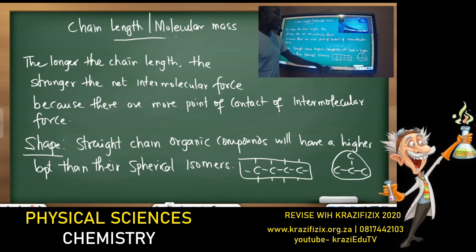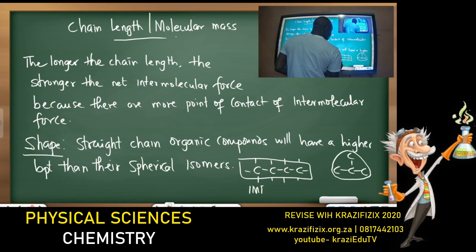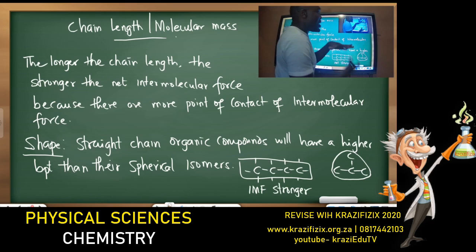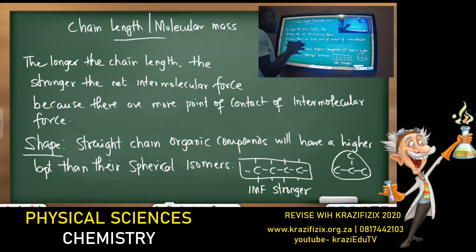Now, the straight chain hydrocarbon would definitely have a higher boiling point, because the intermolecular forces here are stronger than this one. The more spherical we get, the weaker the intermolecular force between the organic compounds. So take note, the more spherical we get, the weaker the bond then becomes.